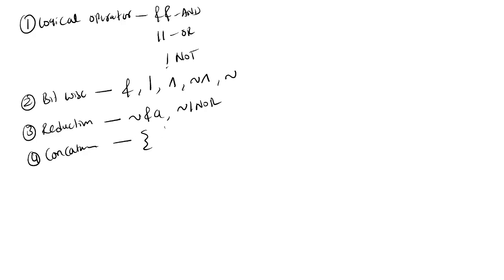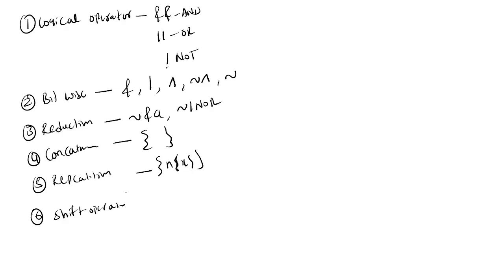The concatenation operator means combining, using flower brackets, and there is repetition by concatenation, which is N of x. Next, the shift operators, which we already saw. You have two types: logical shift and arithmetic shift.